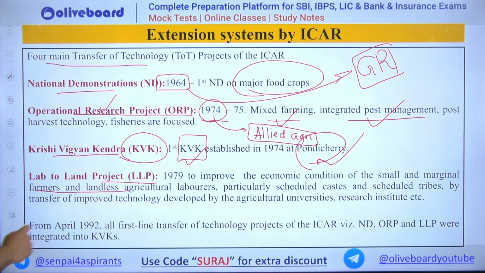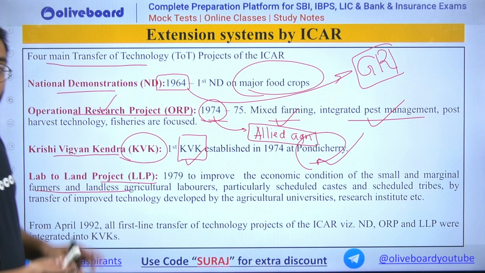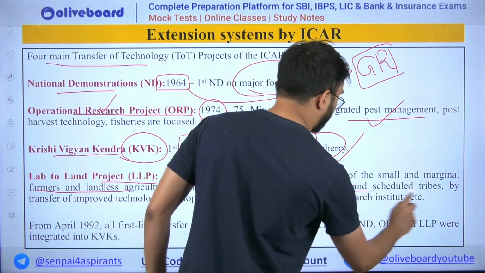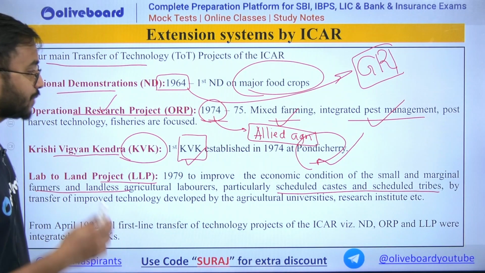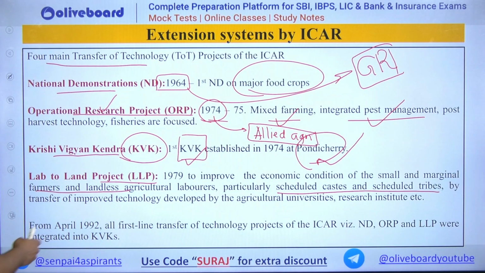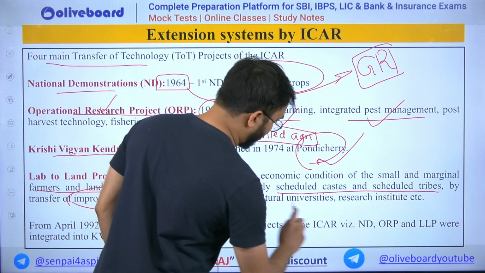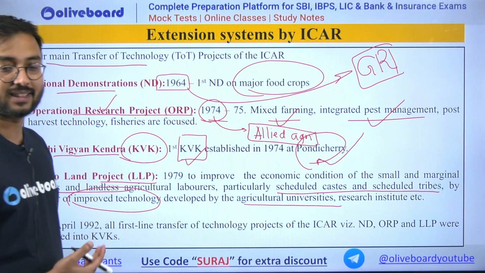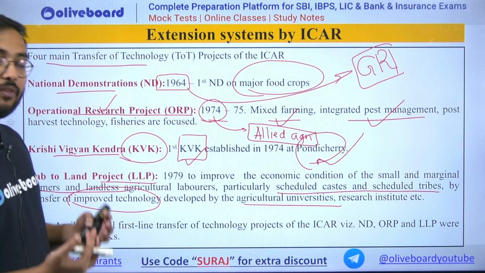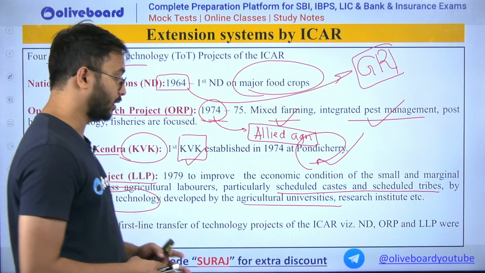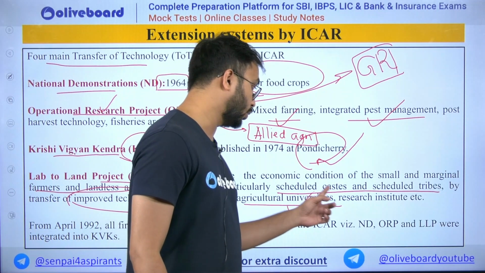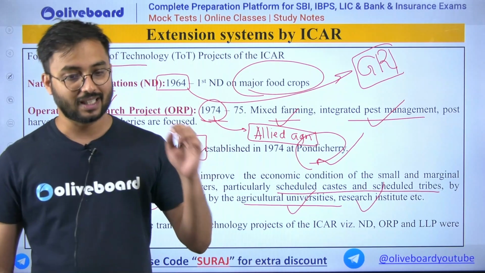So also farmers and landless agricultural laborers, particularly those from the backward classes such as scheduled castes and scheduled tribes. How are we going to improve their condition? By transferring technology to them, so that whatever agricultural practices they follow are improved. These technologies are established or invented by agriculture universities, research institutions, etc.